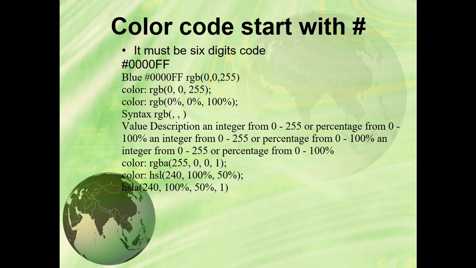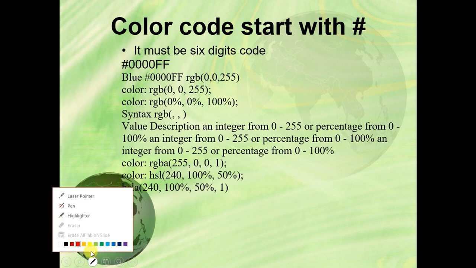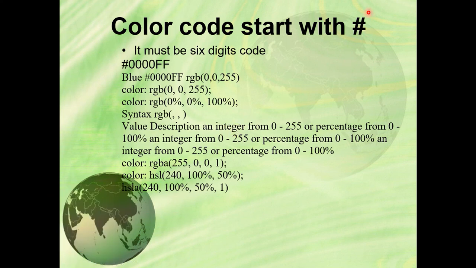into a website with color coding. You must start with hash. Any color coding starts with hash. It's also important. Okay, you have noted that 0 is the first priority in color coding.